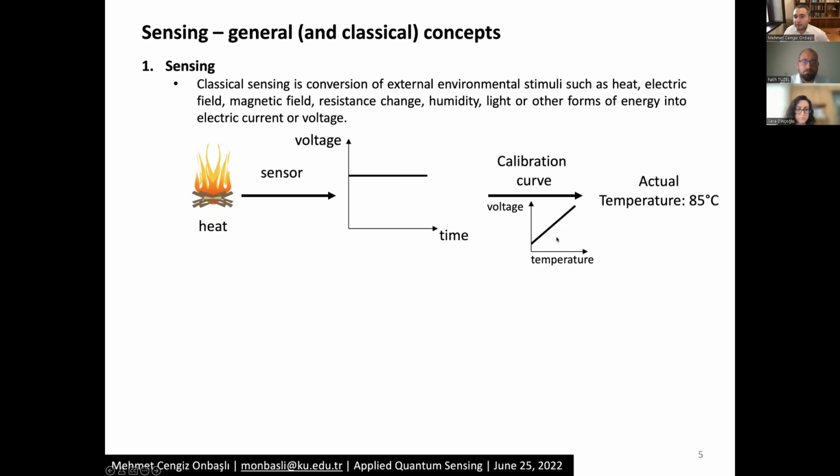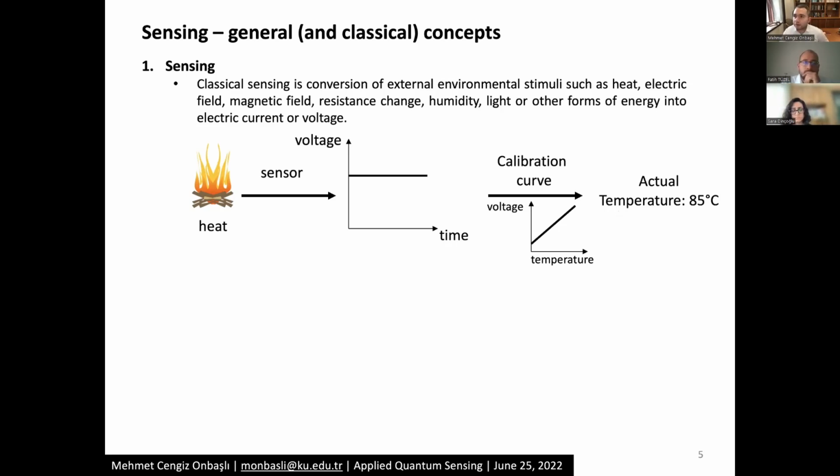So at the end of the day, we are essentially referring to this one-to-one correspondence between voltage and temperature in this temperature sensor example, where we get the heat, and then our sensor detects the output as a voltage as a function of time, and then we calculate the temperature. This is a classical sensing scheme.